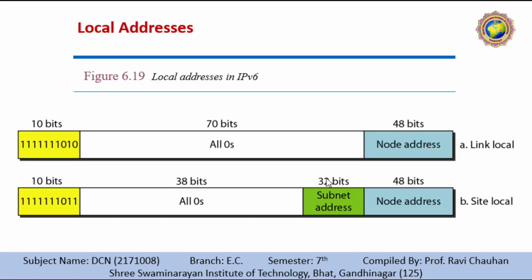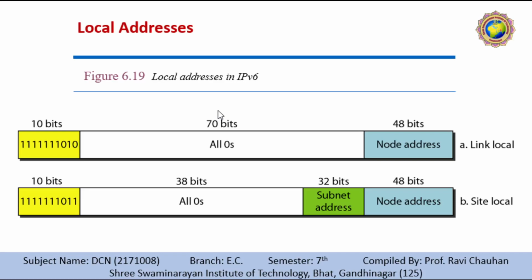Next is the local address. These addresses are used when an organization wants to use the IPv6 protocol without being connected to the global internet. In other words, they provide addresses for private networks. Nobody outside the organization can send a message to nodes using these addresses.